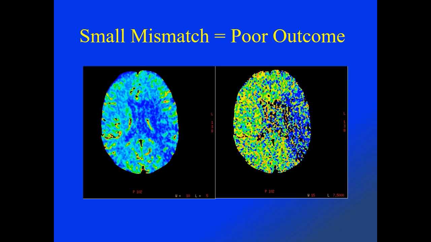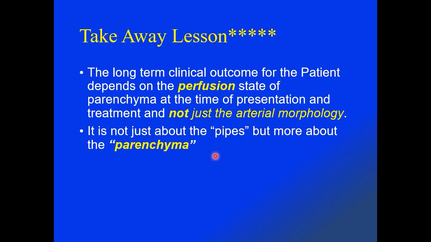The takeaway lesson here is that the long-term clinical outcome for the patient depends on the perfusion state of the parenchyma at the time of presentation and treatment, and not just the arterial morphology. It's not just about the pipes, but more about the parenchyma.